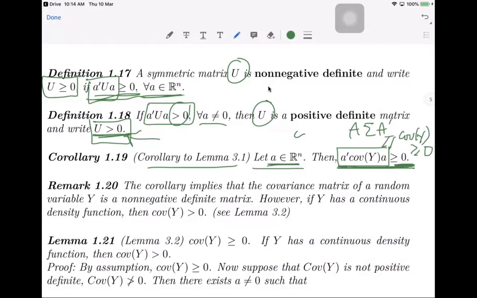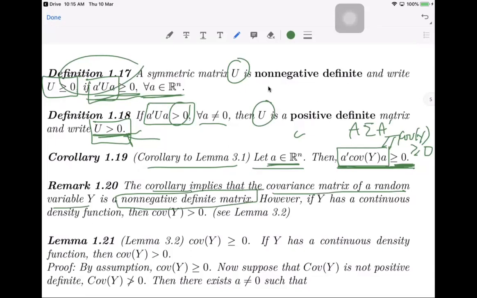This is what this definition is telling you. And this corollary implies that the covariance matrix of a random variable Y is always a non-negative definite matrix.